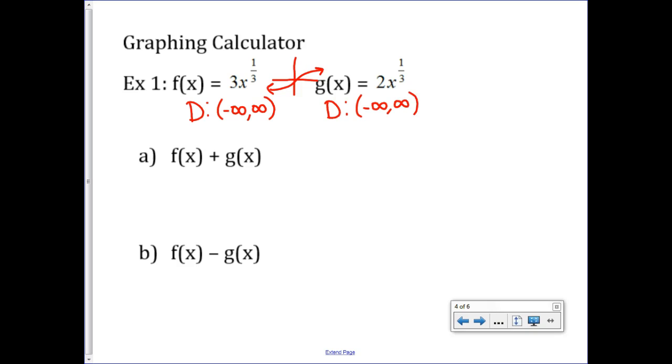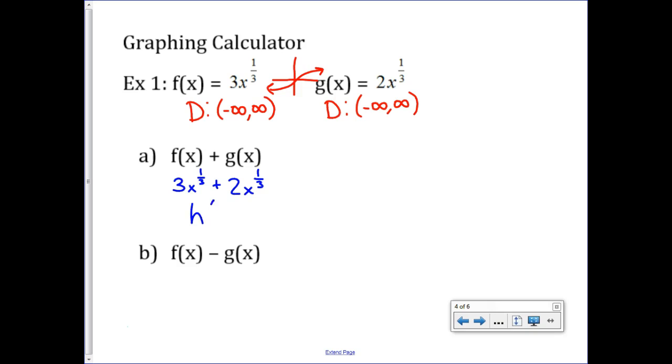What we really want to find is the domain of the function after we add and after we subtract, but we need to know where we're starting with domain as well. So when we add f of x plus g of x, we're simply adding 3x to the 1/3 plus 2x to the 1/3.